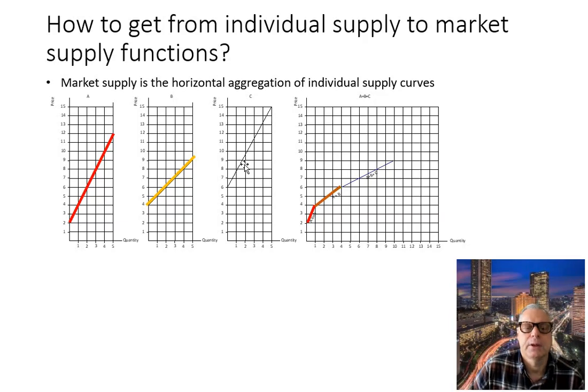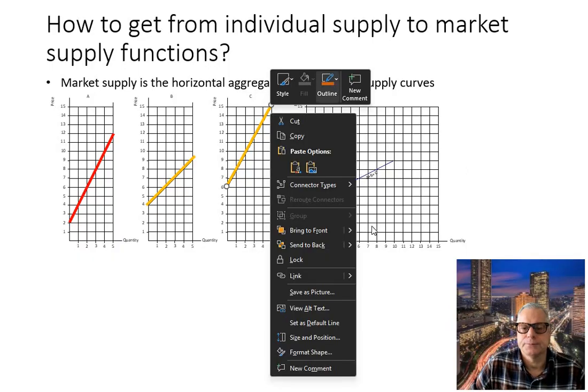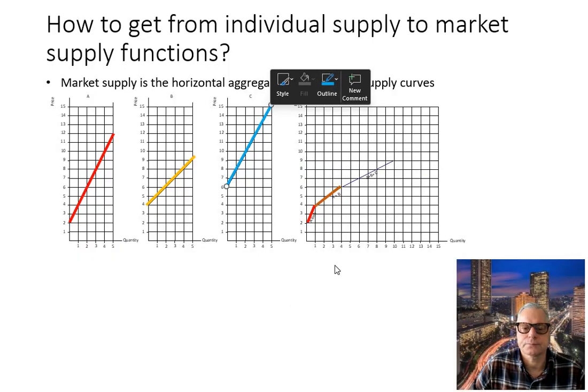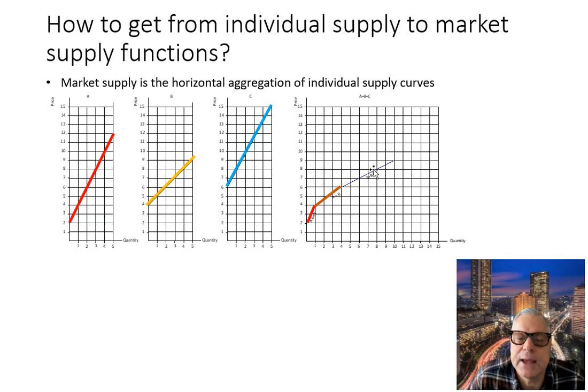And C produces 1, so that should be 8. So that means at the price of 8, we should have a total quantity of 8, which means I have to make sure that I'm on 8, and then I can extend it if I want to.